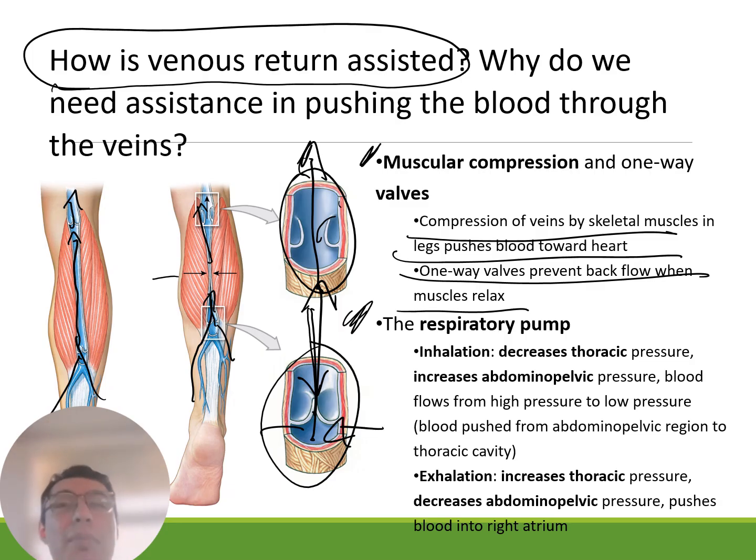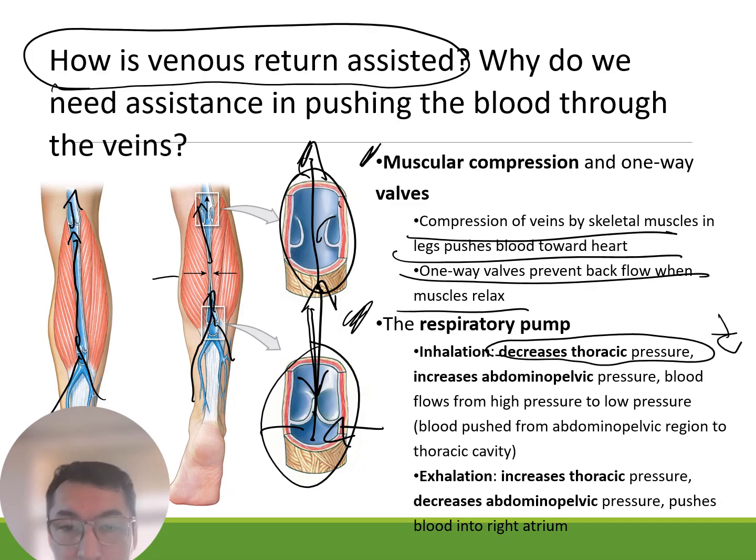Think of how we bring air in. We have to decrease pressure in order to bring air in, and because we're decreasing the pressure, we're sucking blood in. So when we're taking a deep breath in, the venous return is being enhanced to go back to the heart.